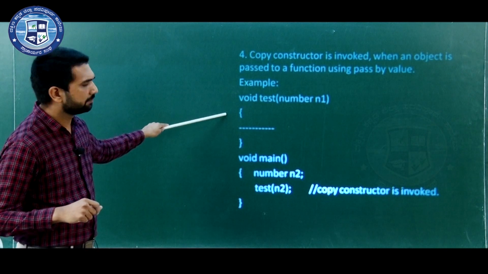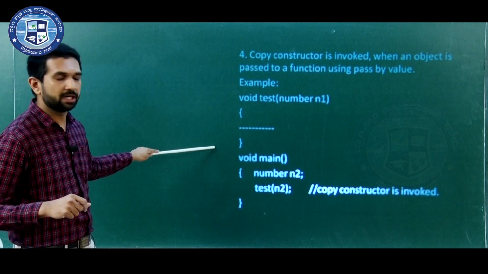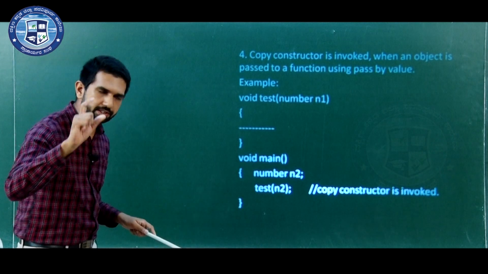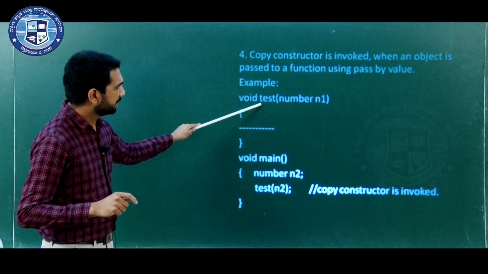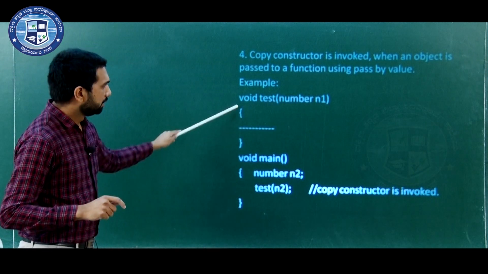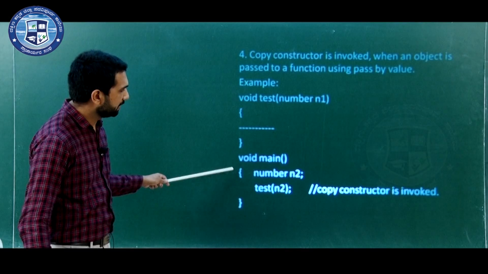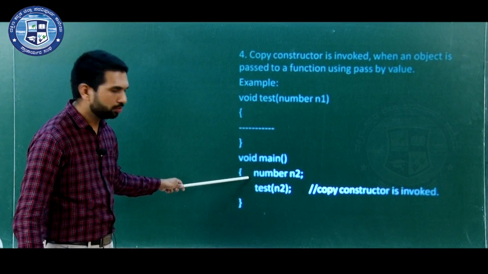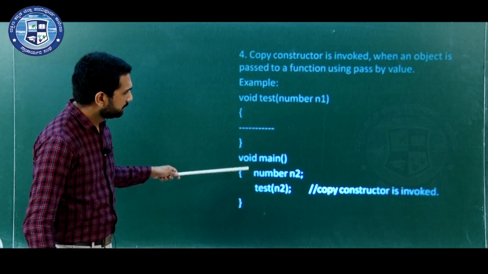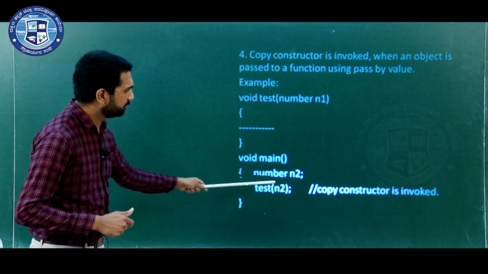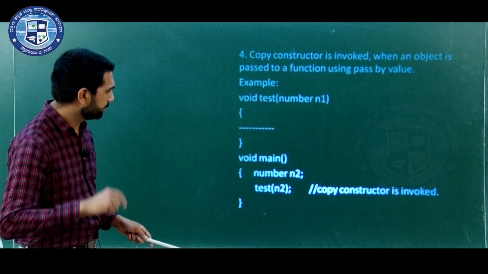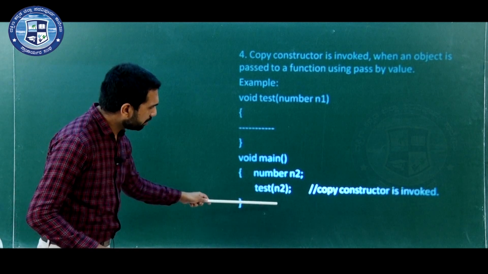Just observe this example. It is not the entire program I am writing, just logic for your understanding. Void test number n1. Just imagine test is a function name. Inside void main we are creating one object, that is n2. Number is a class name, followed by n2, which is an object name. And see, test of n2.